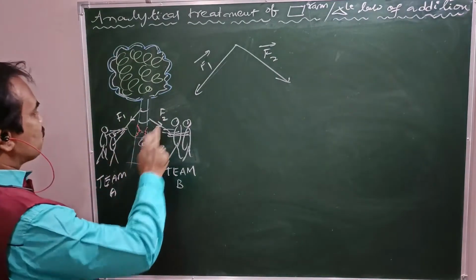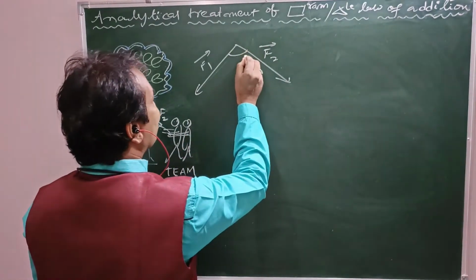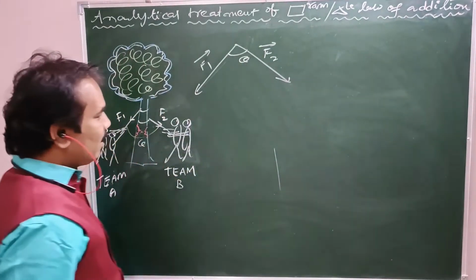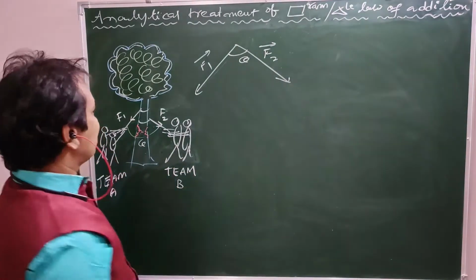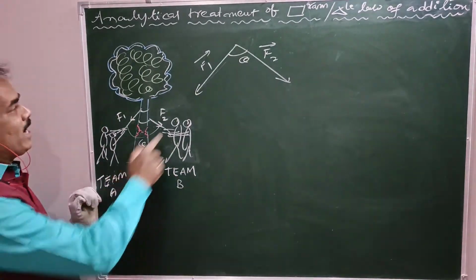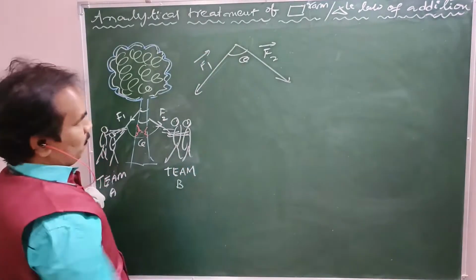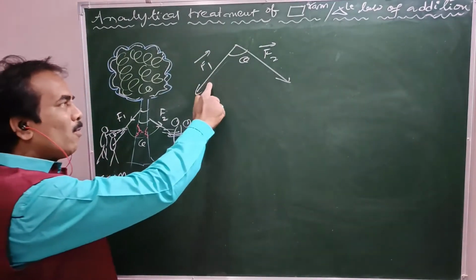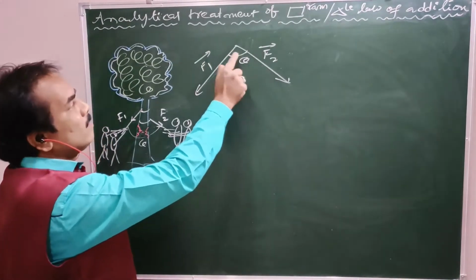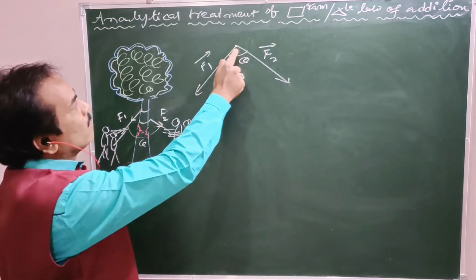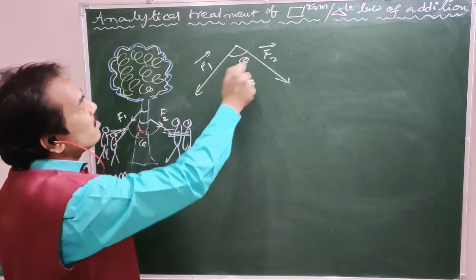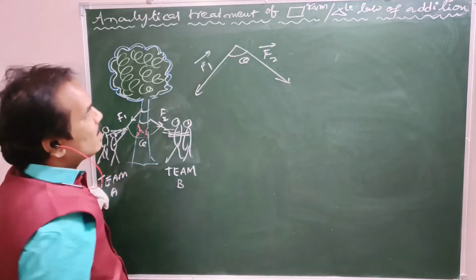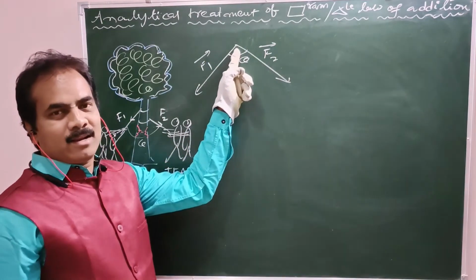As an example, theta is the angle between the given two forces. Force by team A is F1, force by team B is F2. Both forces are joined co-initially, meaning both tails are joined here as shown.